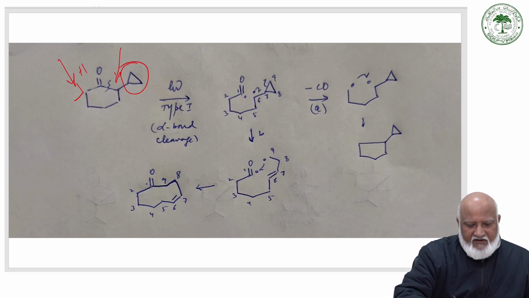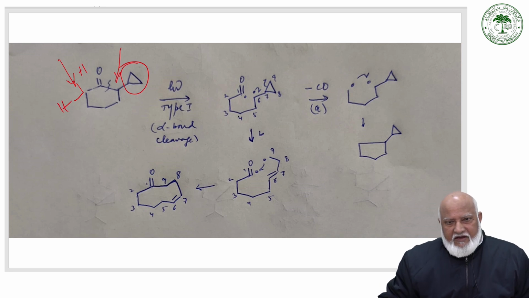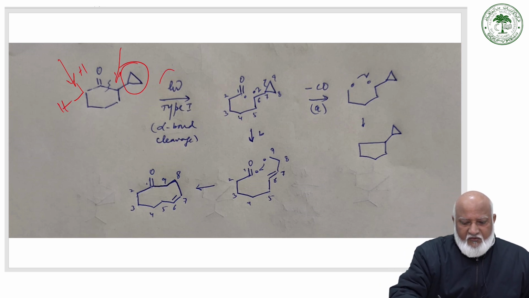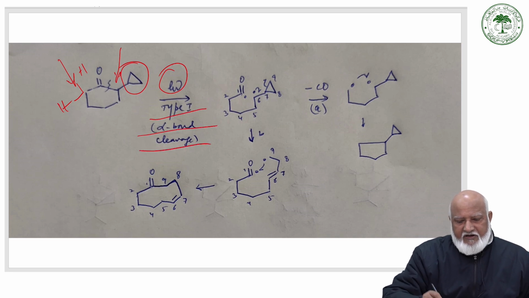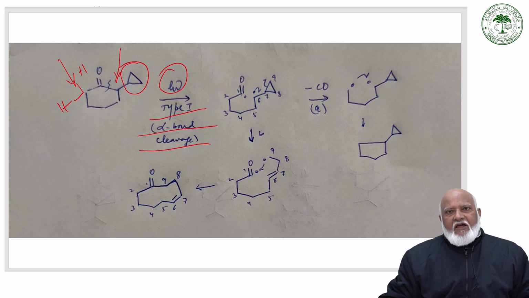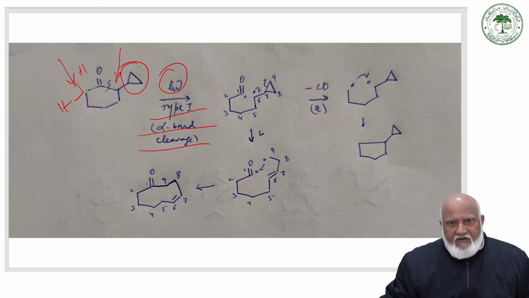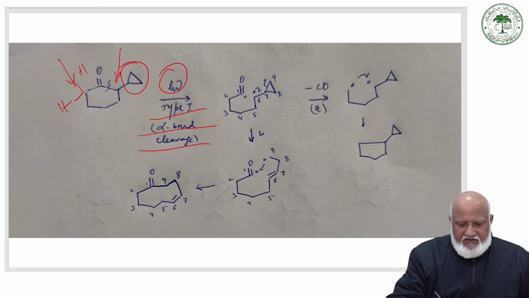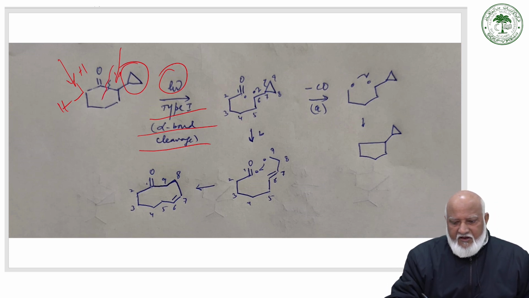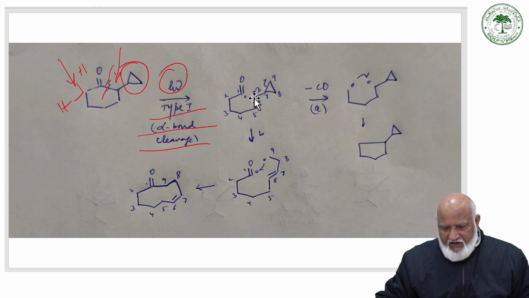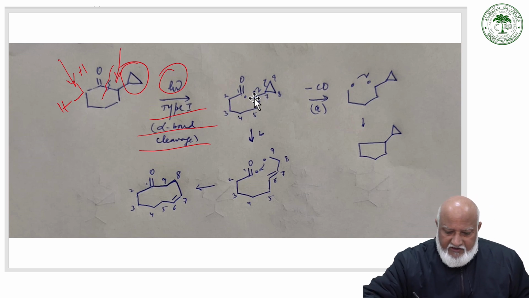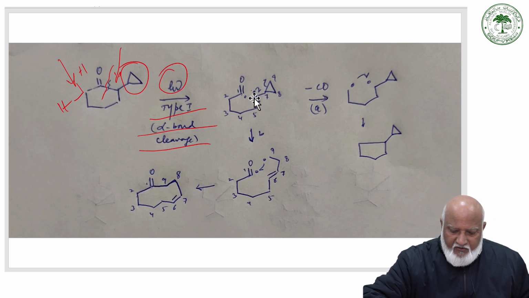There is the presence of 2 hydrogens, and then under photolytic condition this will in principle undergo a type 1 reaction. Type 1 reaction involves alpha bond cleavage, and when the alpha carbon is substituted, it will undergo preferential alpha bond cleavage, and it will definitely cleave here to give a radical adjacent to the cyclopropyl group.